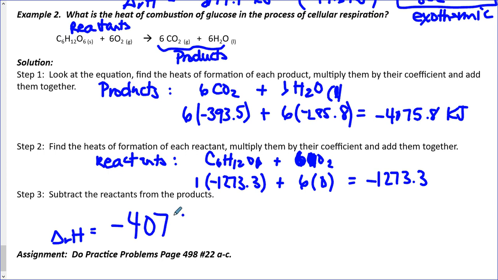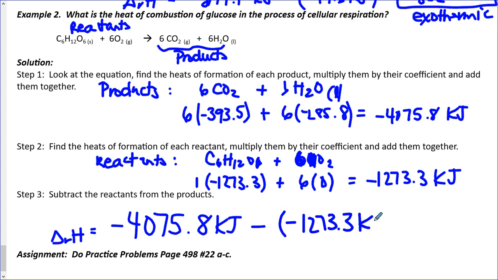Negative 4075.8 kilojoules, subtract negative 1,273.3 kilojoules. Again, if you're subtracting a negative, you're actually adding. So that gets me negative 2802.5 kilojoules.